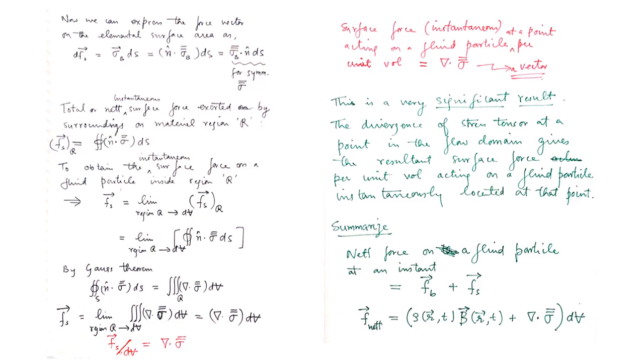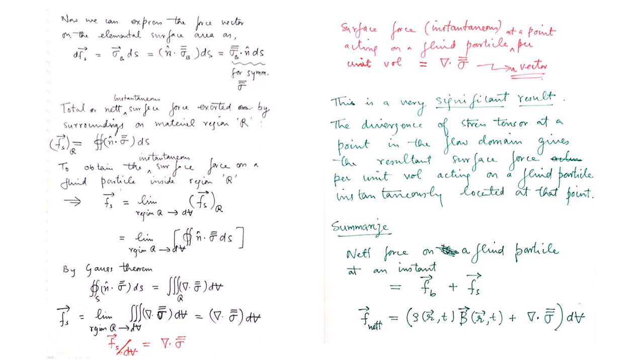So the surface force can now be very elegantly written: in the limit of region R going to infinitesimal proportions dV, the integral simply becomes the integrand multiplied by dV, right? Del dot sigma tensor multiplied by dV.